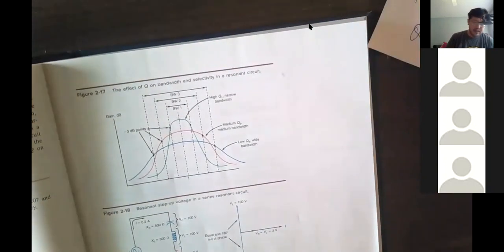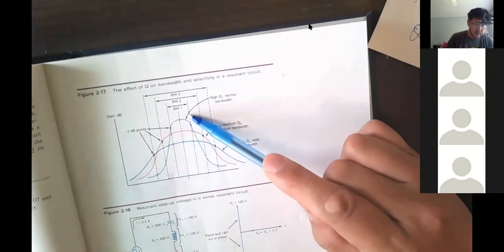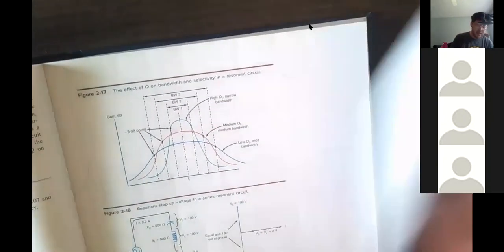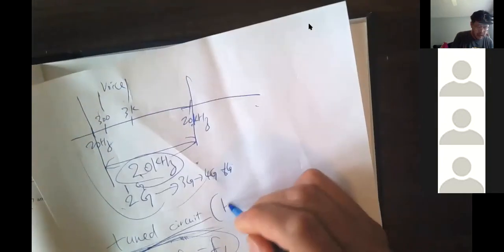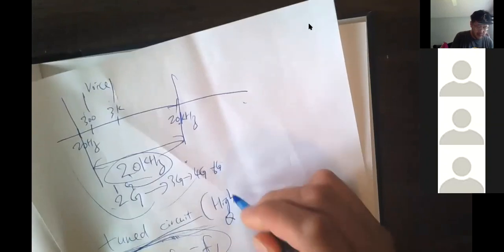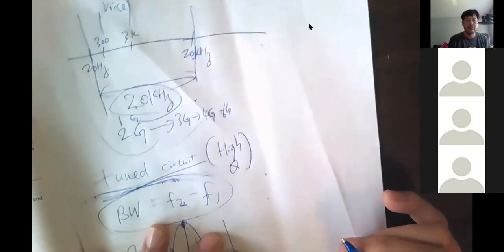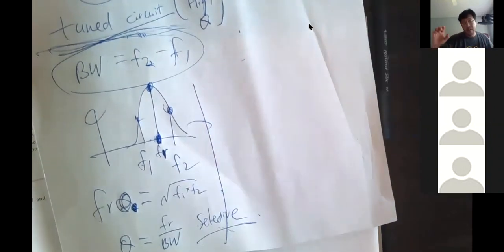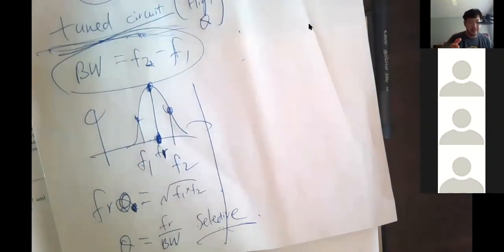So when we design a filter in this tuner, we want high Q, high quality. High quality means high selectivity. Highly selective, so I will only select 1 station out of 100.